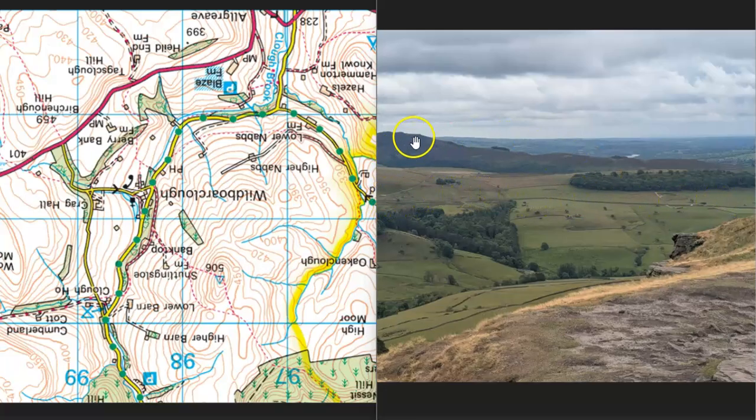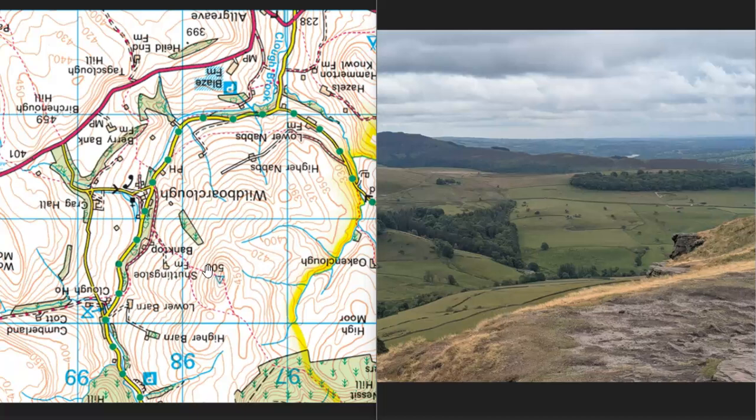Now, I mentioned this hill here. A few people on social media comments said that that hill was Birchenough Hill. It isn't. How do we know it isn't? Well, we know that we're stood next to this trig point.